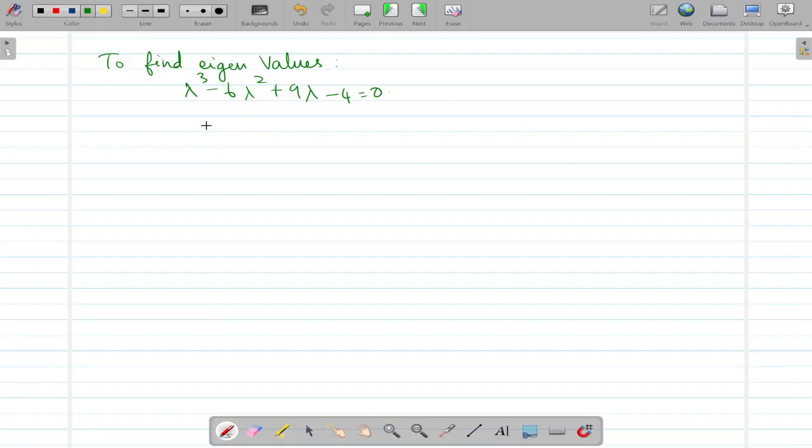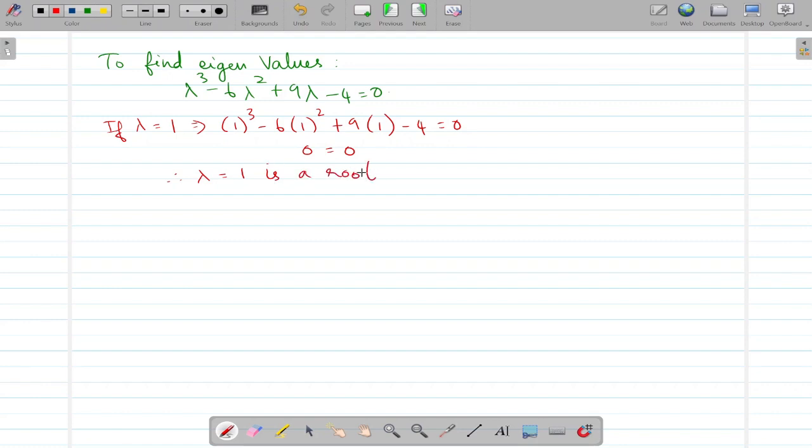If not, then substitute -1, then 2, -2, then 3, -3. Here, if lambda equals 1, 1 cubed minus 6 times 1 squared plus 9 times 1 minus 4 equals 0. By solving, you get 0 on both sides. Therefore, lambda equal to 1 is a root. So we got our first eigenvalue.